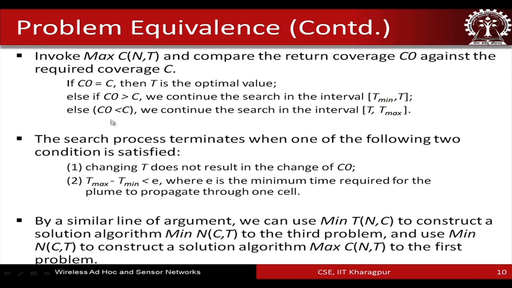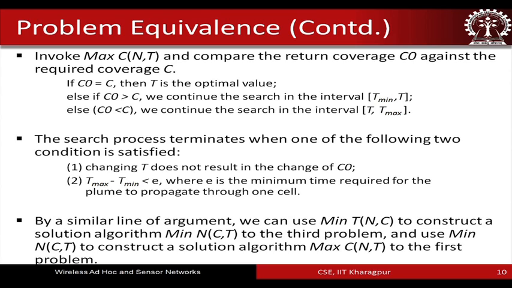Invoke the max C given N and T problem and compare the returned coverage C0 against the required coverage C. So, how much coverage you are getting, you have to compare against the desirable coverage. Now this part is quite obvious, as it happens in binary search. If C0 is equal to the required coverage C, then T is the optimal value.